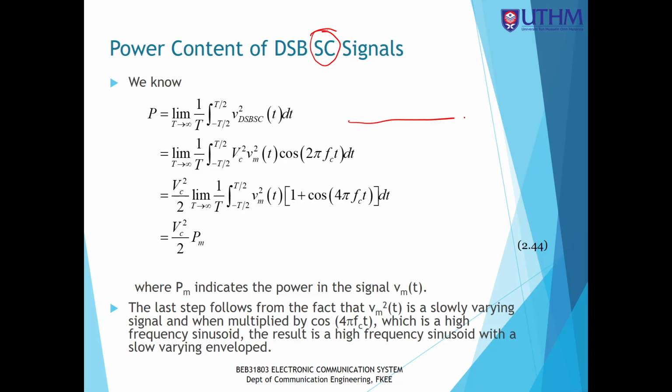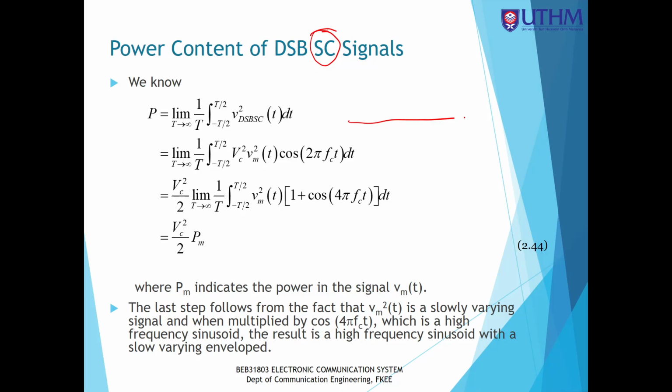And then we still have the USB and also the lower sideband. Later, you're going to see that theoretically, if we suppress the carrier component, we can increase the amplitude of the sidebands. Theoretically, secara theoretical calculation nanti kita akan lihat.